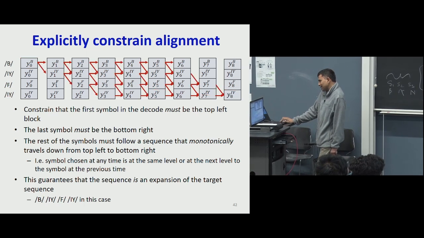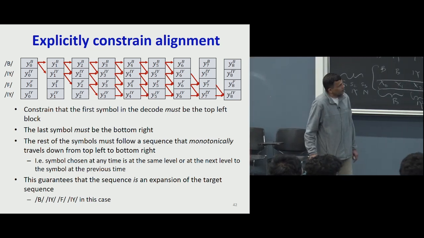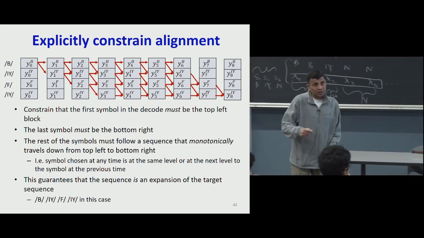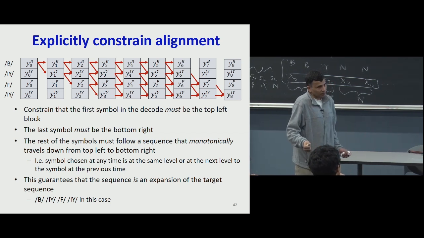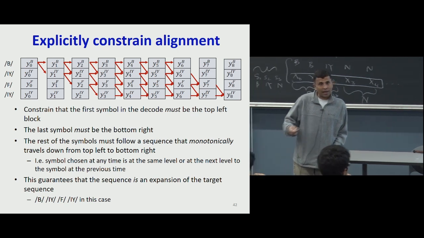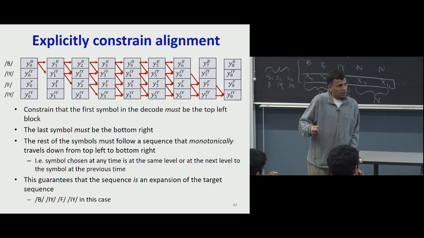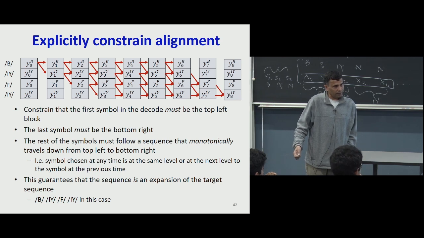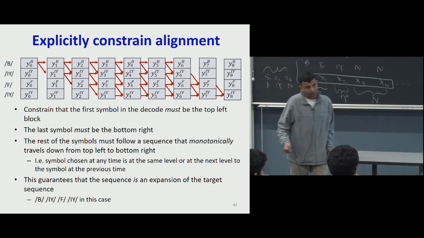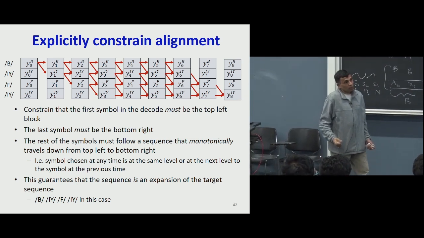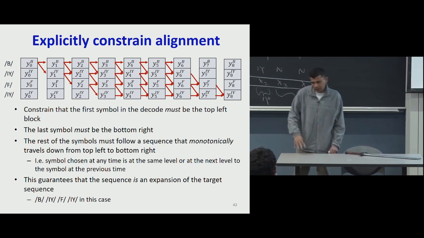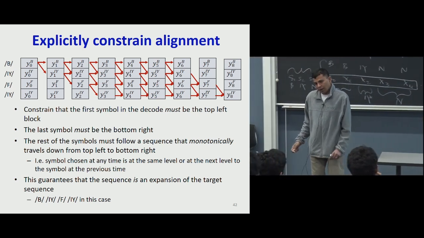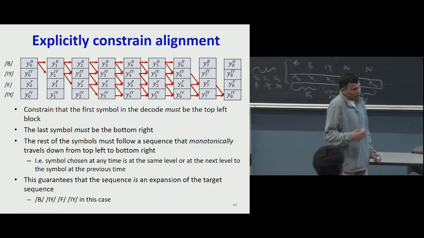The way I can do this is by explicitly imposing this constraint, and the arrows show the steps I can take. I have to start at the top left corner, and I can only follow one of the arrows going out of any box, and eventually I'm going to end up at the bottom right corner. And the path I've taken is going to be a valid alignment. Now I will assign a probability of 1 to each of the arrows, just as a kind of engineering solution.